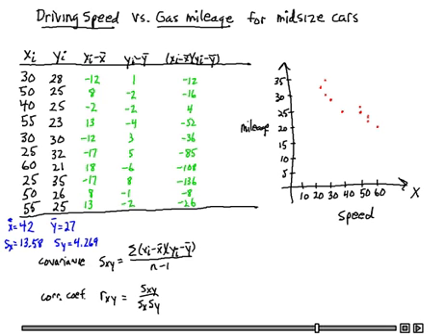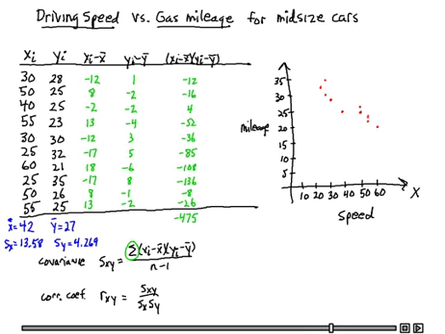Now you'll notice the very first part of the covariance formula is the sum of these products. So if I add that column all together, I'm going to get a negative 475.